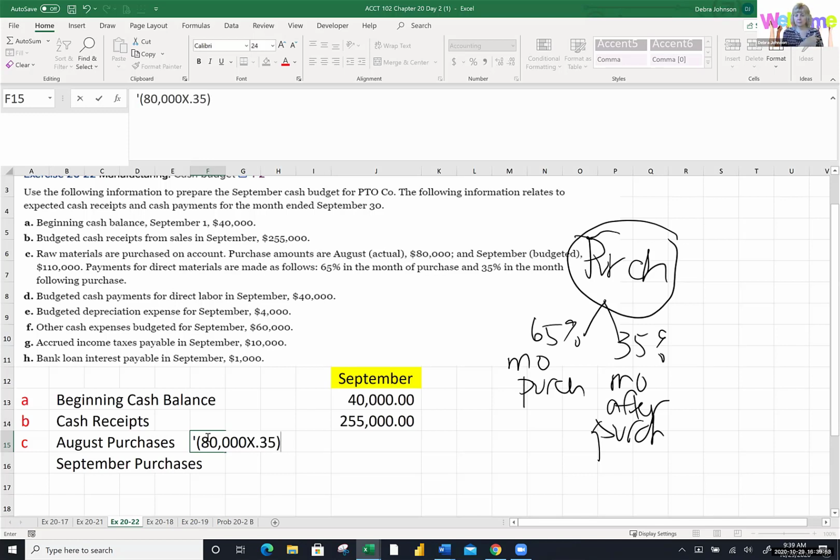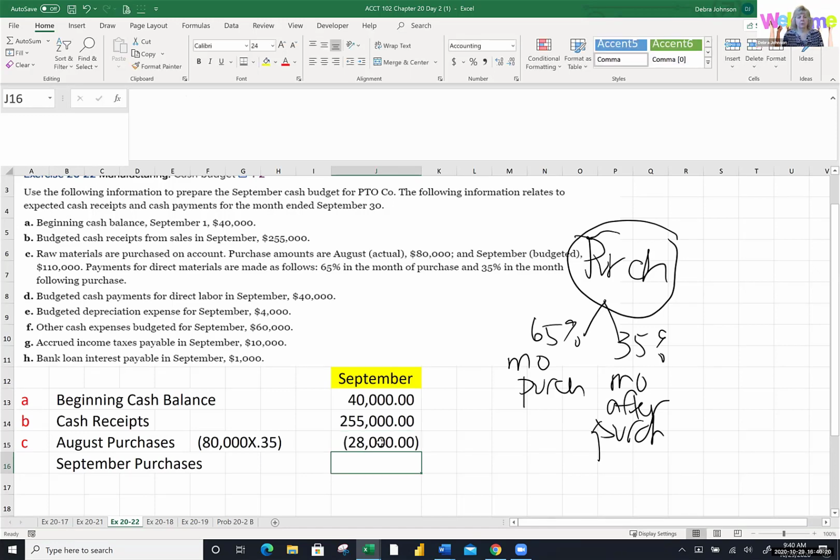It was paid last month in August. So all we're concerned about from the August purchases is the other 35%. Since this is a cost going out, I'm going to show it as a minus. So on my calculator, I'm doing minus 80,000 times 35%, and I want that to show up as a minus. From the August purchases, the leftover 35% is paid in September.